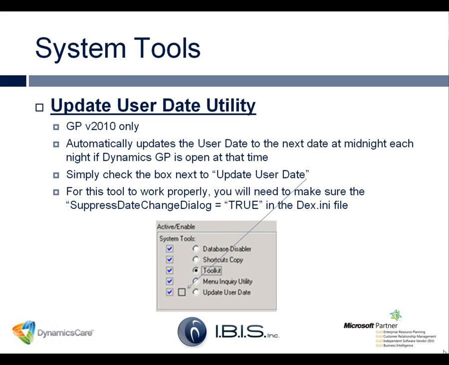So if anybody's working that late, and it happens, probably more often than we like it to, but it does, and at midnight a pop-up dialog box comes up that says do you want to change the user date to the next day. In this case, if you check it, it will automatically change it to the next day. There is one other prerequisite, and that is in the Dex.ini file, the suppress date change dialog box needs to be set to true.